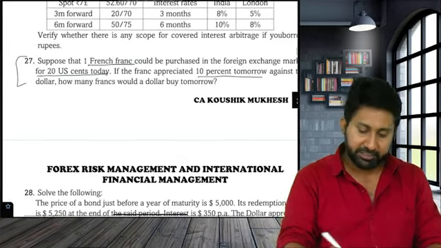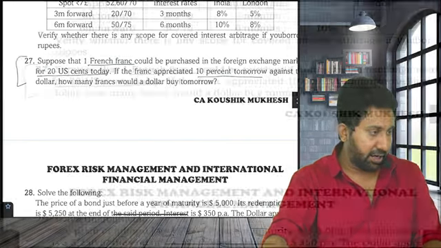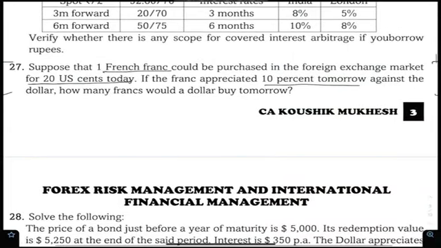Please observe the question and read it. I will give you 1 minute. Read the question properly before we go into the solution part. Read the question 2-3 times.